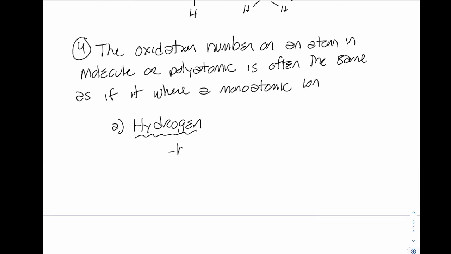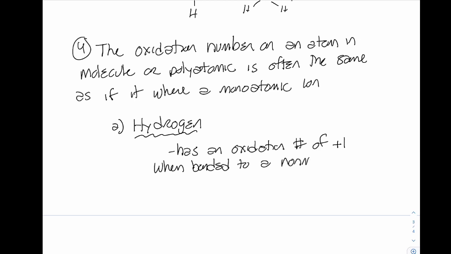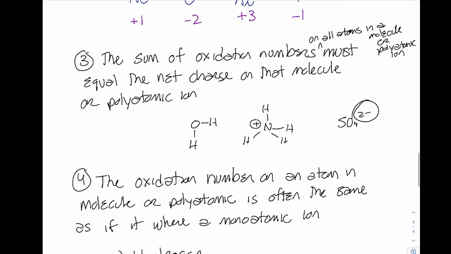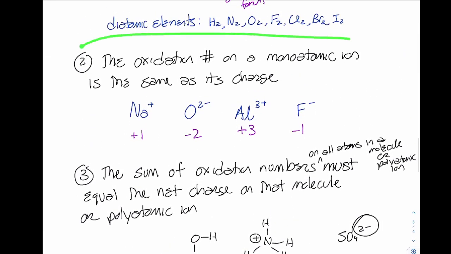Hydrogen has an oxidation number of +1 when bonded to a nonmetal, and -1 when bonded to a metal. In this last part, -1 when bonded to a metal, you don't even really need that, because that's actually covered, if we go back up, by rule number 2.